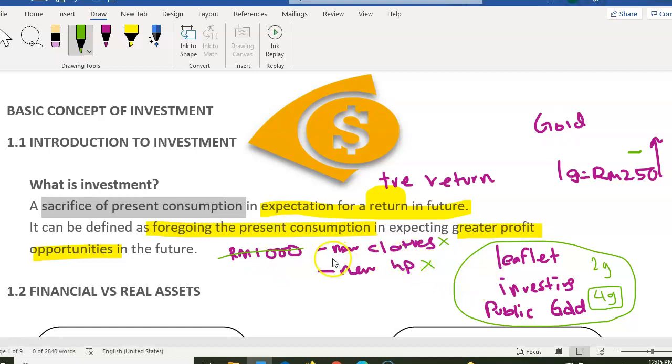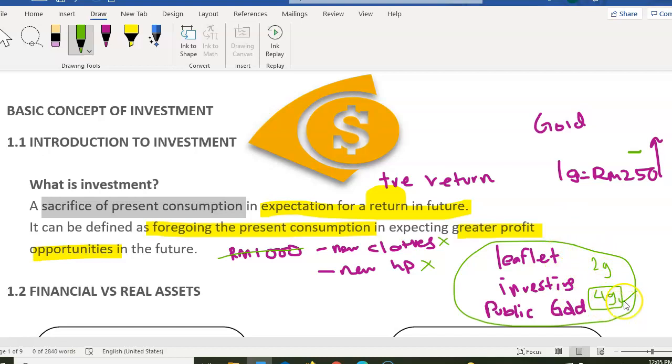But kalaulah you pergi dekat leaflet ni, pergi dekat agent dia ni dan you rasa, oh, saya nak guna duit 1000 ni nak beli 4 gram of gold, for example lah. So duit 1000 yang instead you're buying new clothes tu, normally kita katakan you akan invest dekat sini lah. So masih lagi ada lah 1000 tu, just in terms of gold.